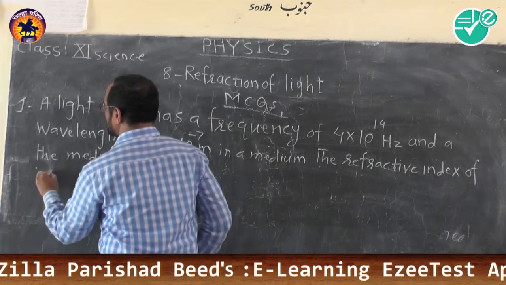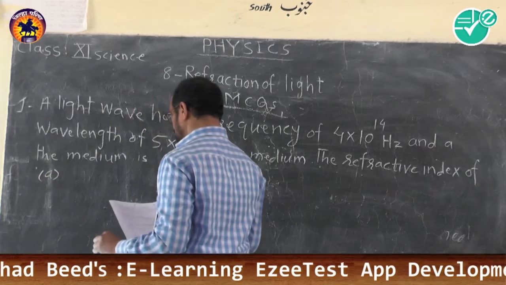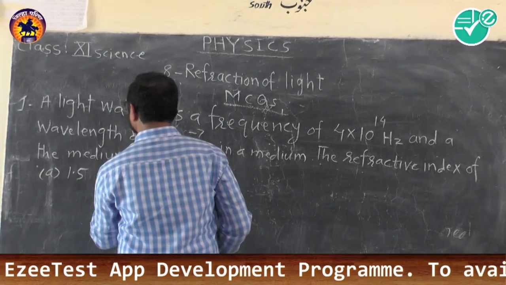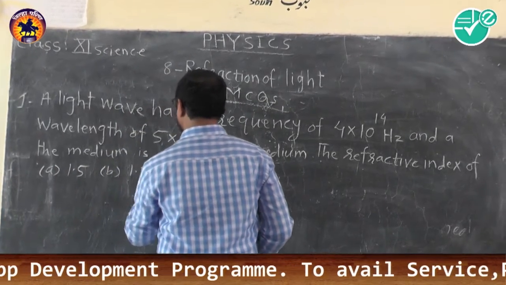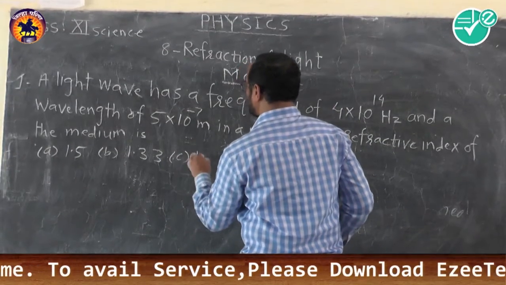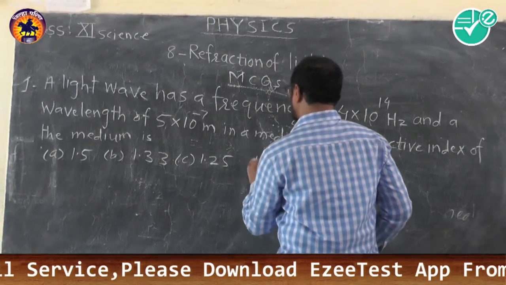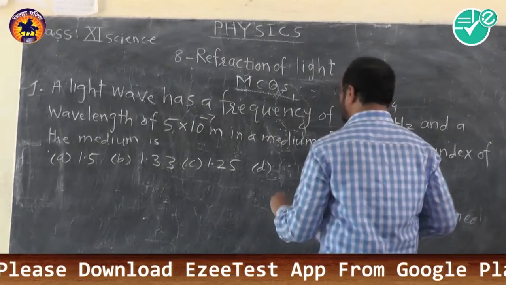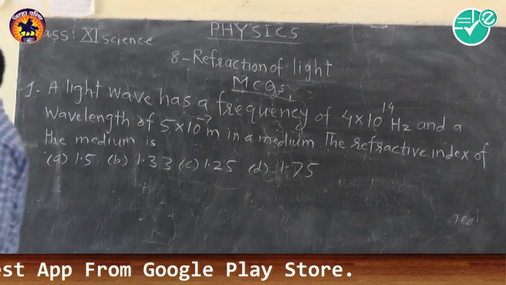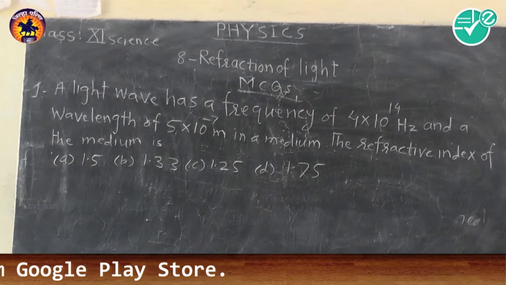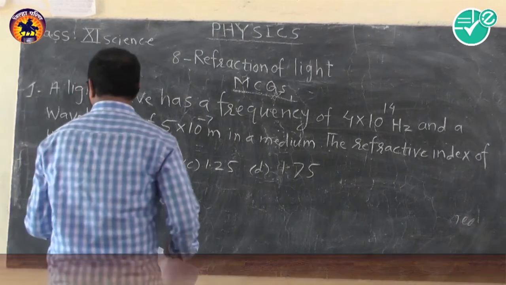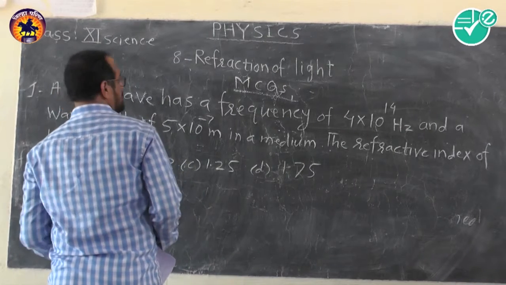Here are the given options: A is 1.5, B is 1.33, C is 1.25 and D is 1.75.